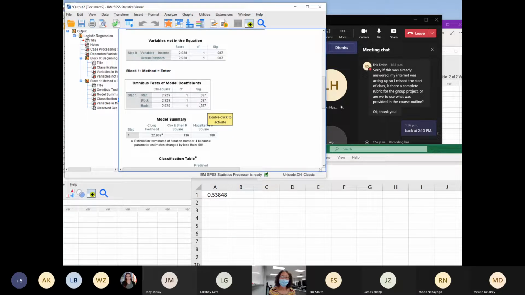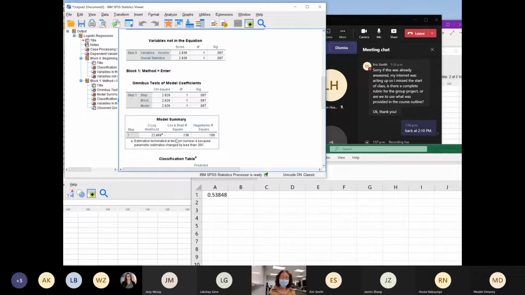Again, the p-value is greater than 0.05, so the model is not significant. So this is not a good model. Based on the data, if you use logistic, it is not good. I'll give you a next example later, okay? This example is just to show you the procedure. Explain some statistics from the output.